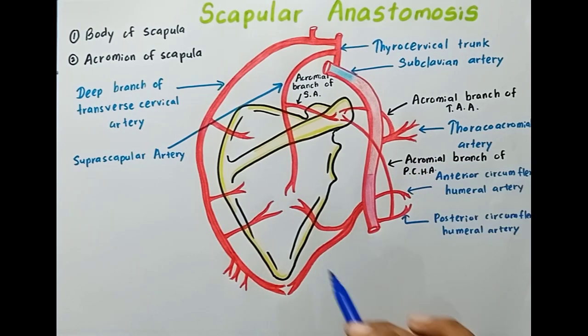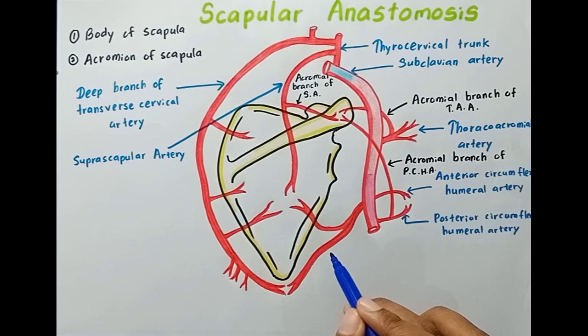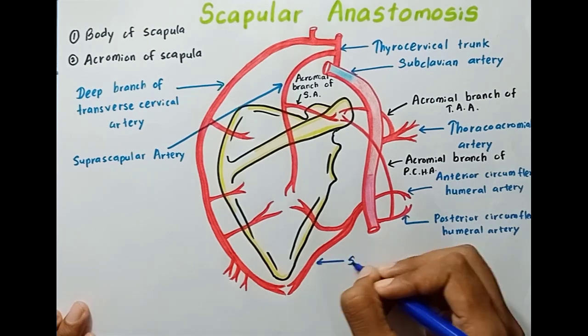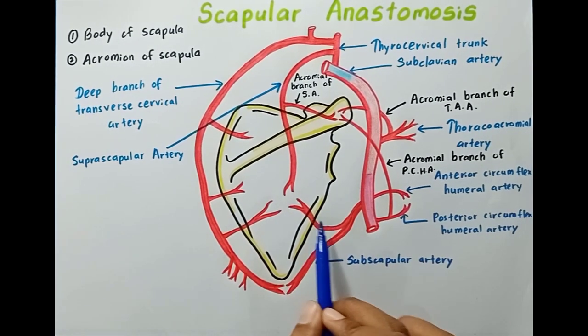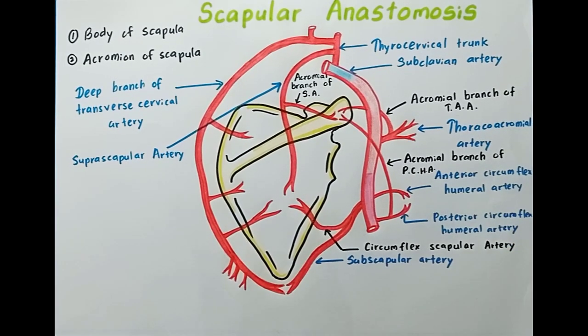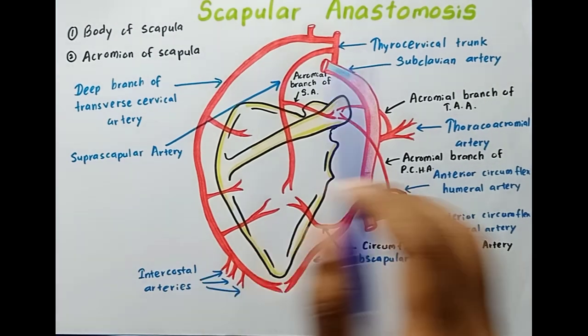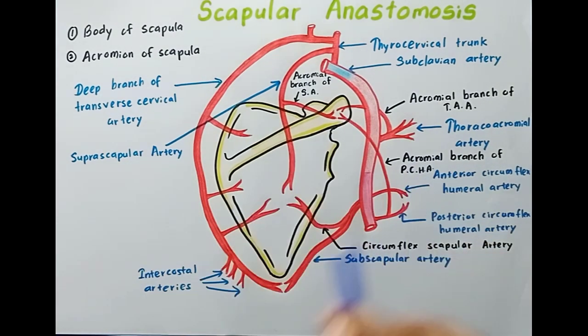And another artery that arises from the third part of the axillary artery. Here you can see the subscapular artery. And this is the circumflex scapular artery. And these are the intercostal arteries. So these are the arteries and branches that can be seen from this diagram.